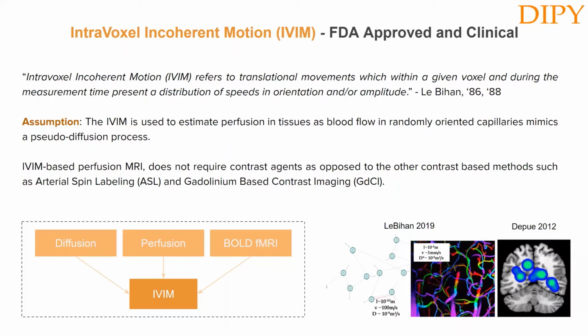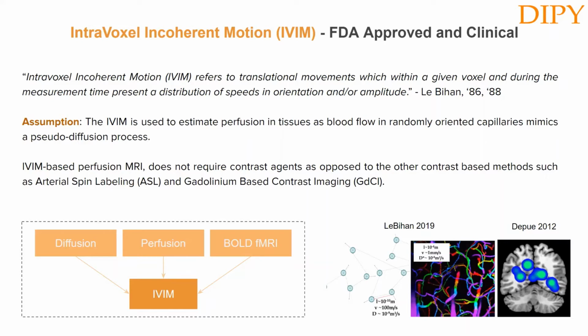So IVIM is basically a method to estimate perfusion in tissues, to capture the blood flow information in randomly oriented capillaries, which mimics a process similar to diffusion. The idea is that since they occur at similar scales, one process could be confounding the other, and we want to distinguish between the two processes.